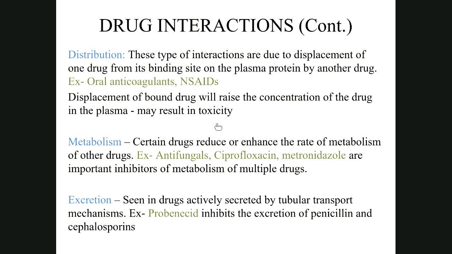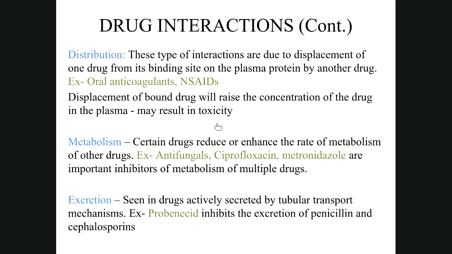Normally the drug goes into the body, binds to the plasma proteins, goes to its specific site of action, produces its action, and then is excreted from the body. But over here, what is happening? When the drug is binding to the plasma protein, another drug comes and removes it from there.